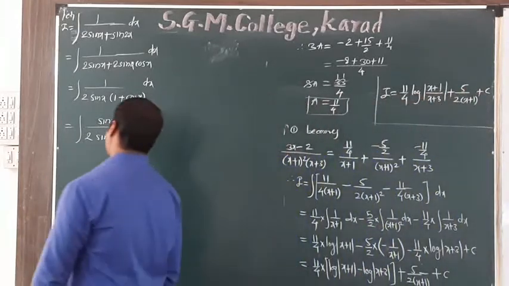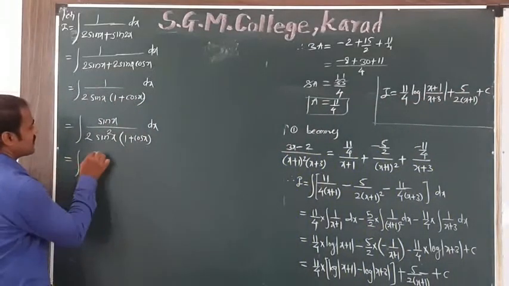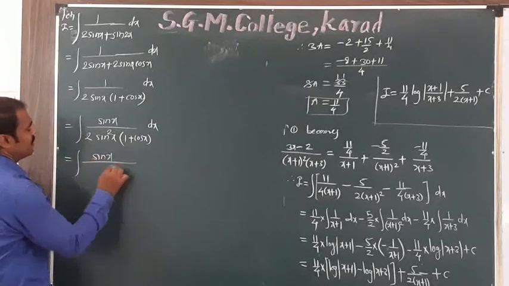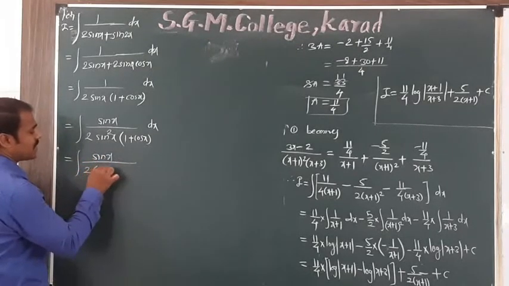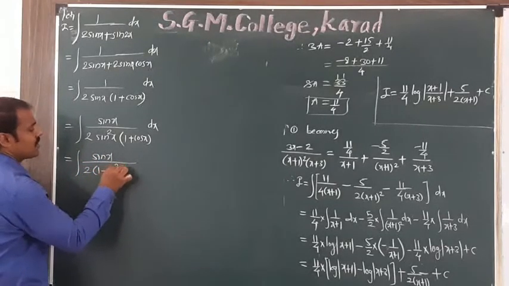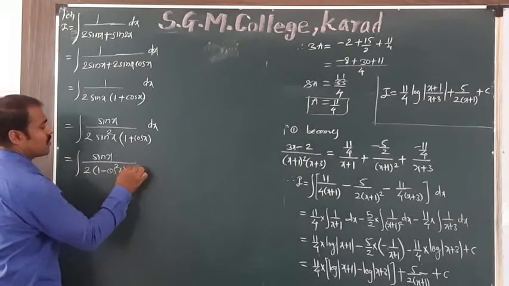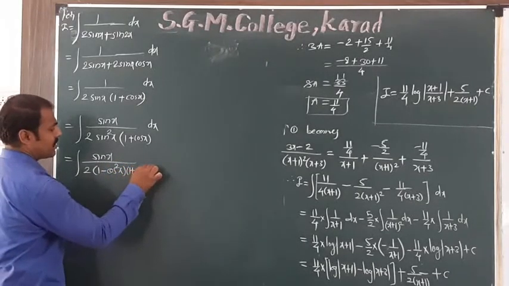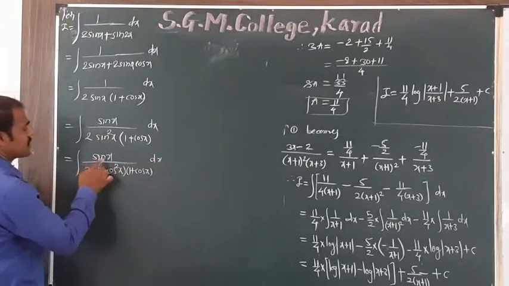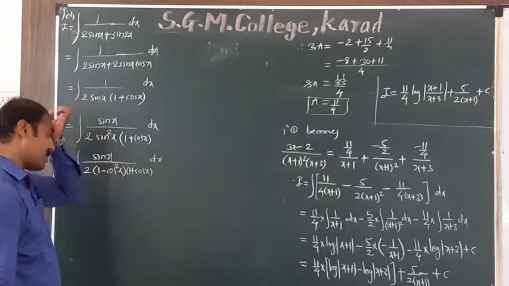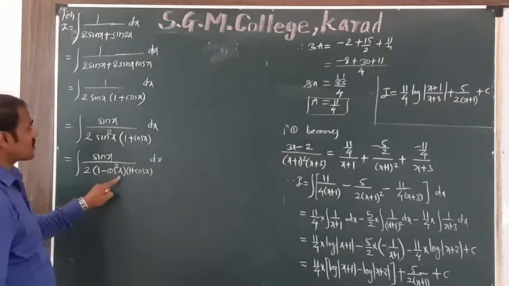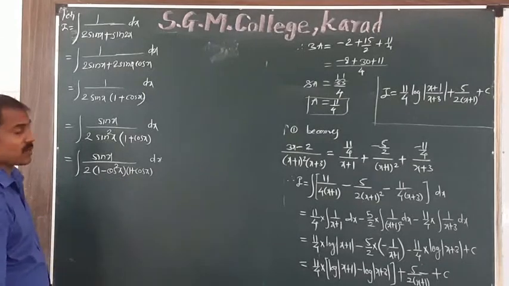Sin square x can be written as 1 minus cos square x, so sin x divided by 2 into 1 minus cos square x into 1 plus cos x, that term as it is, dx.